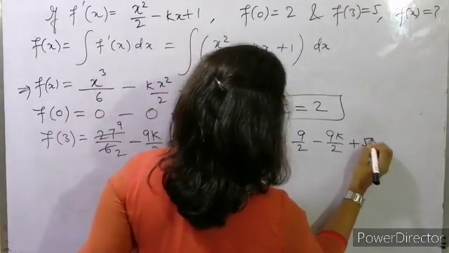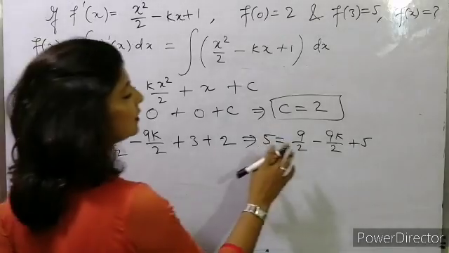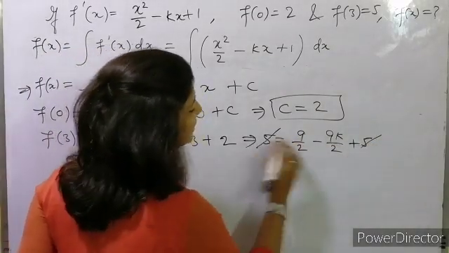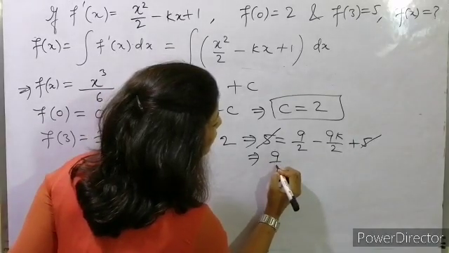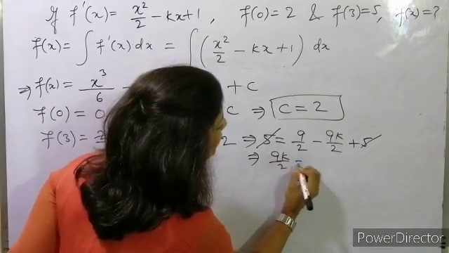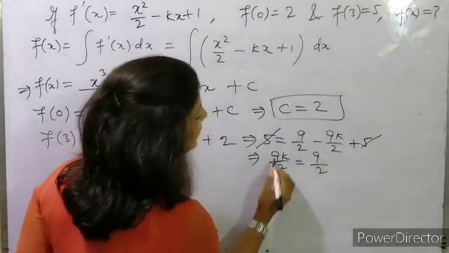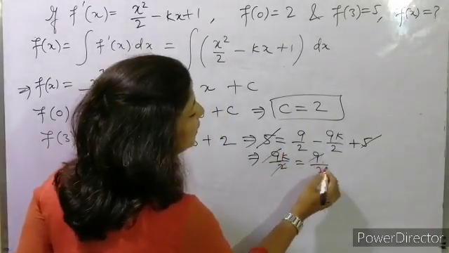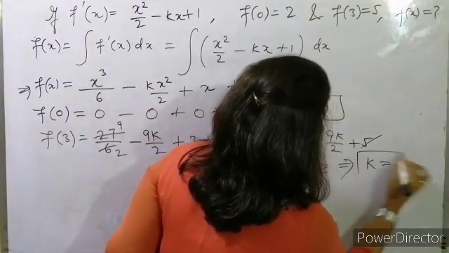So plus 5. ठीक है, so 5 cancel, plus minus. So what value we are getting? 9k upon 2 will be equal to 9 upon 2. Cancel, 9 cancel, 2 cancel. So k का value will be 1.